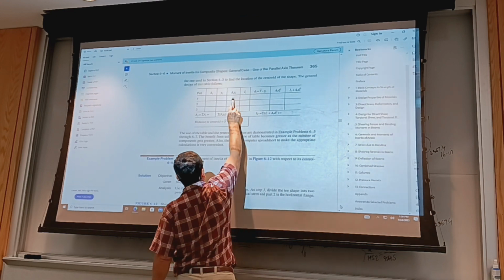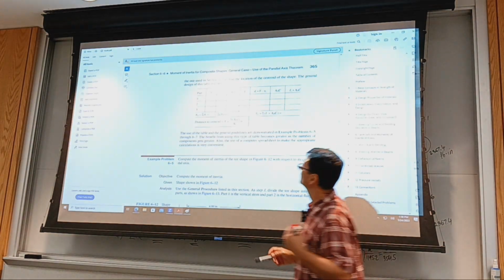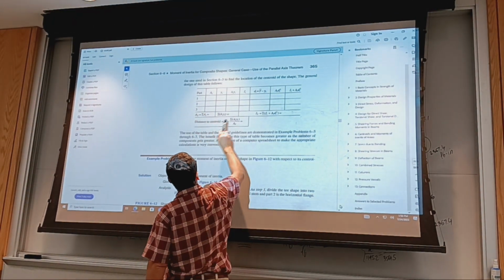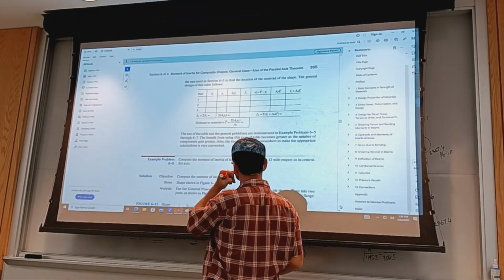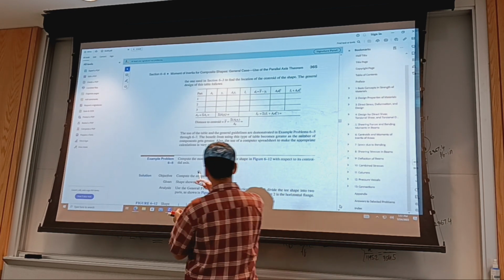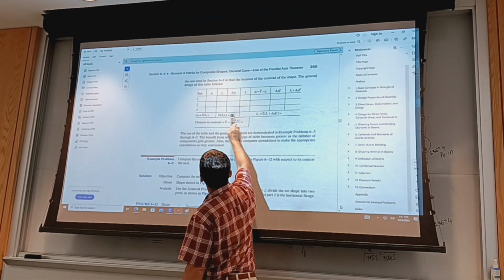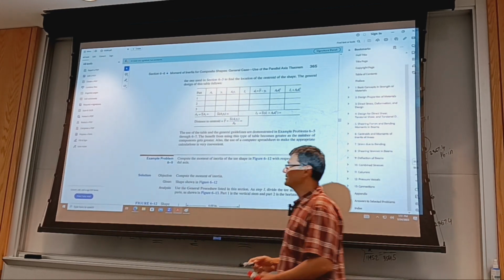And evaluate the product, and this is what the earlier table will look at just for the centroid. You sum areas, you sum products, area times distance from the axis to the centroid of the individual shapes, individual parts, and then you calculate the distance to the centroid.